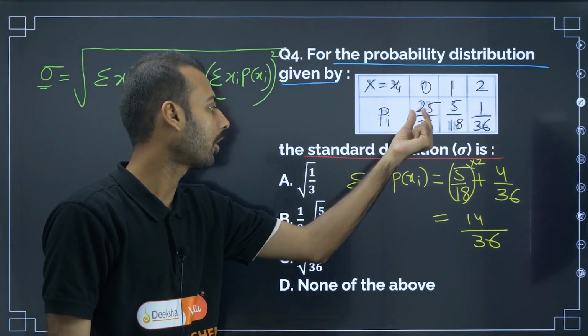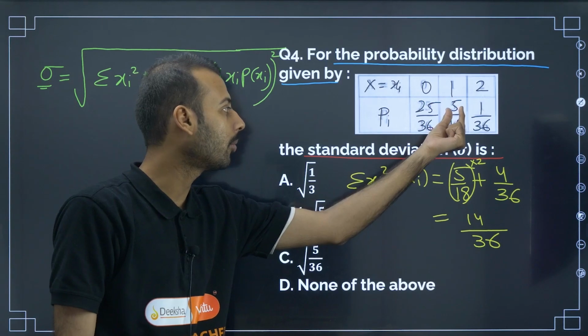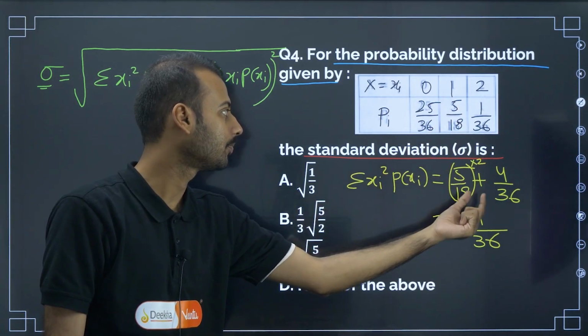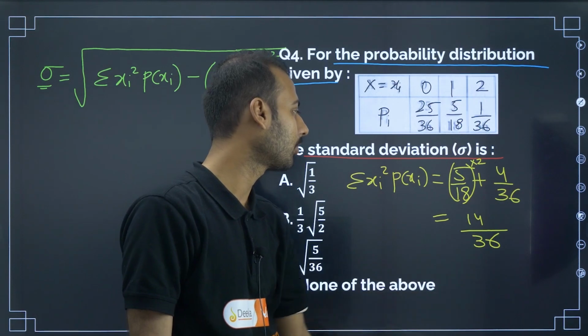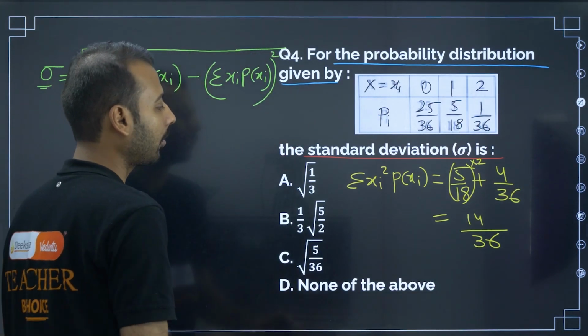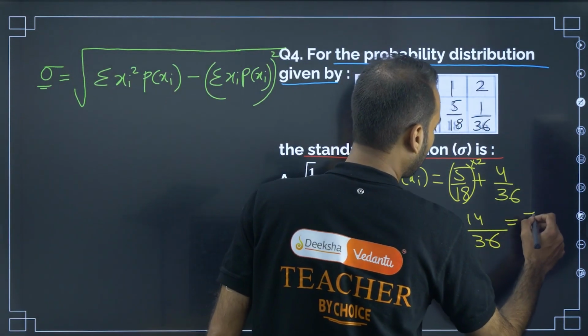So 0, I am not writing. 1 square, 1 multiplied by 5 by 18, is 5 by 18. Next, xi square is 4, 4 into 1 by 36, is 4 by 36. Adding, we get 14 by 36.